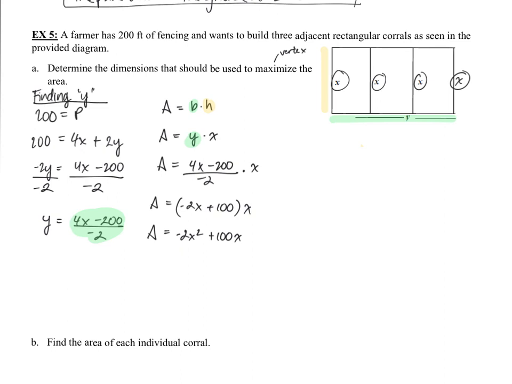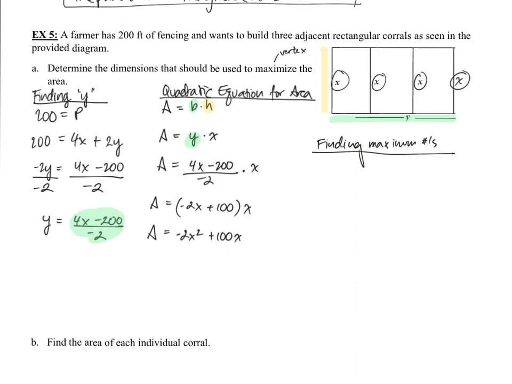And this is the quadratic equation for area. So now we want to find the maximum. So to find the maximum, we need x of the vertex, and that is going to be negative b over 2 times a.